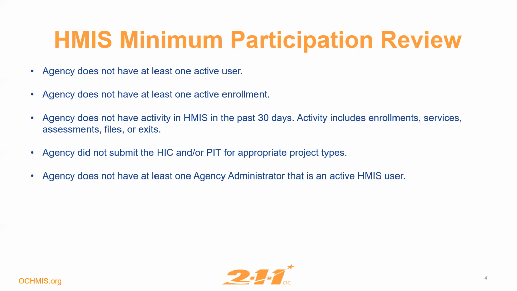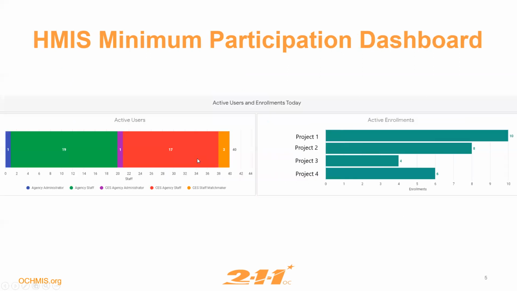If you have other ideas, please share them when we get to the discussion section. I'd love to hear your thoughts, and so I'll give everyone a minute to think about that while I go over my other slides. Based on what I shared on the previous screen, the agency should be able to review this data in HMIS as much as possible to ensure that they are in compliance and do a self-review.